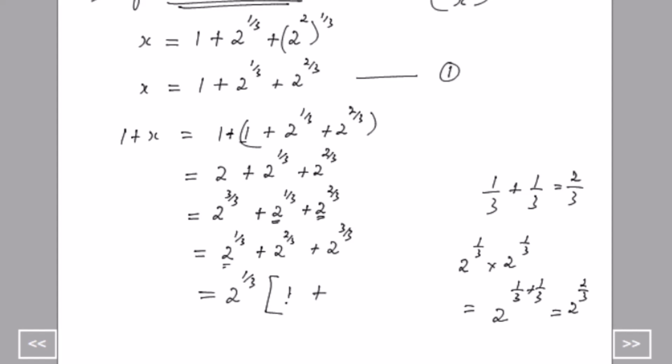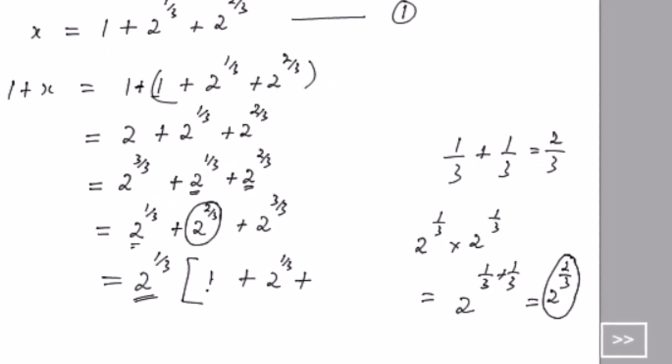So this 2 to the power 2 by 3, which is what we have here, is nothing but 2 to the power 1 by 3 into another 2 to the power 1 by 3. And then we add 2 to the power 2 by 3 here using the same technique. All right, now this is the simplified form.